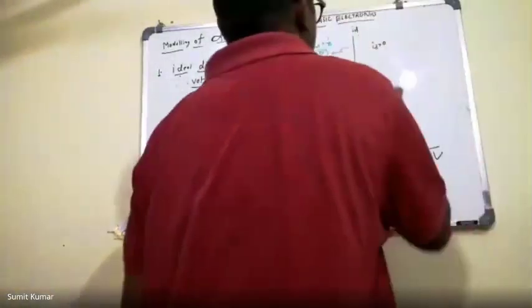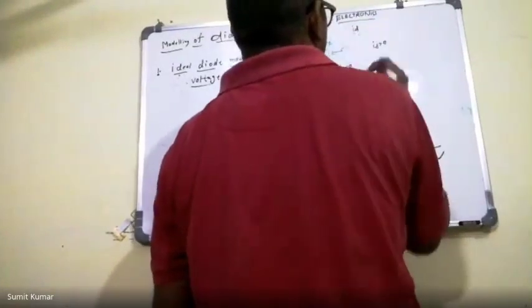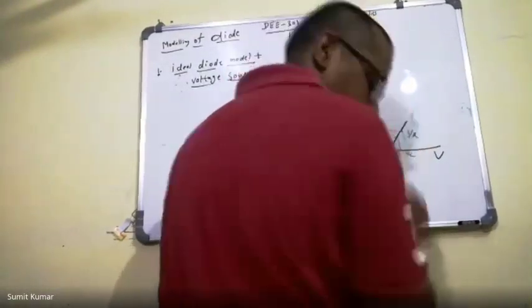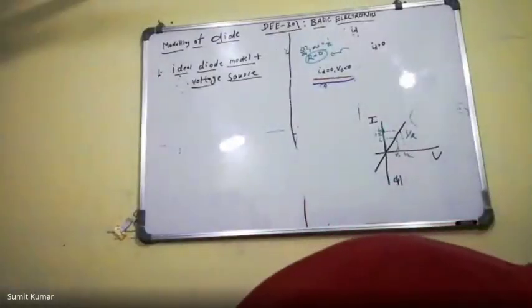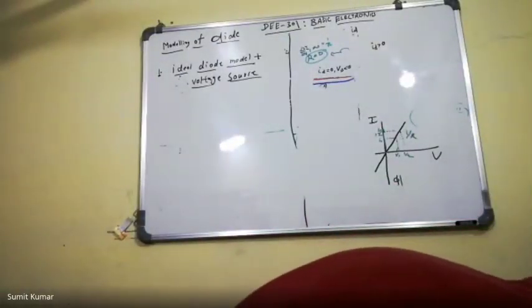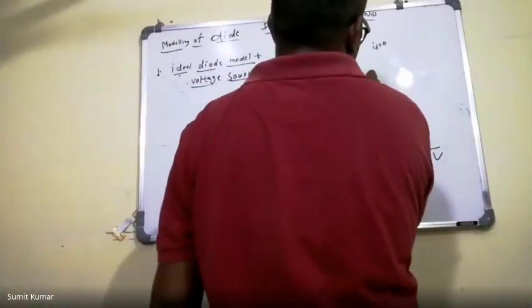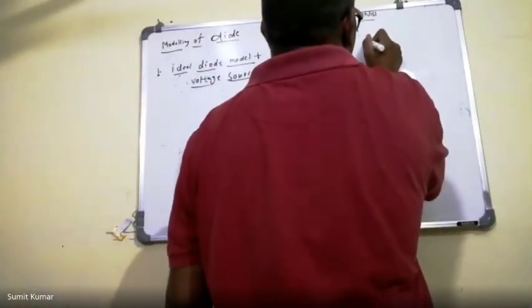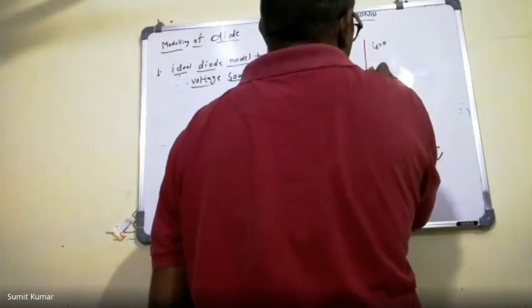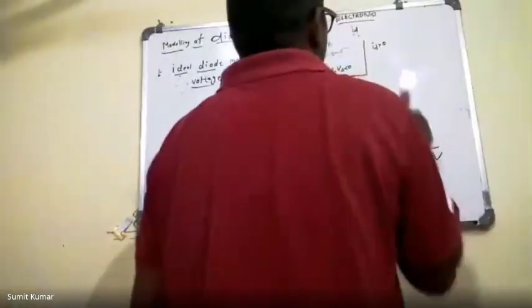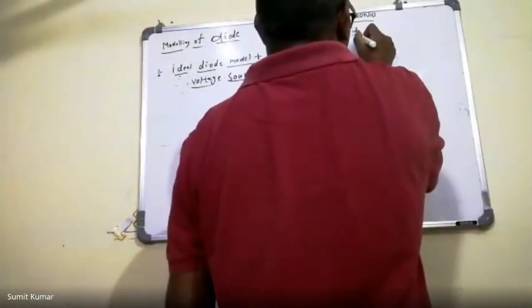So here I have shifted the characteristic, and now I need to draw the axis.